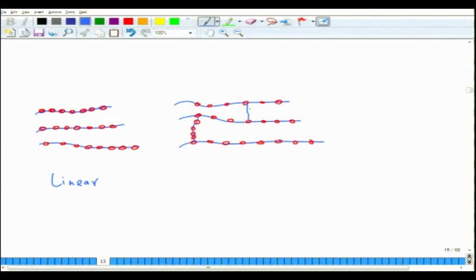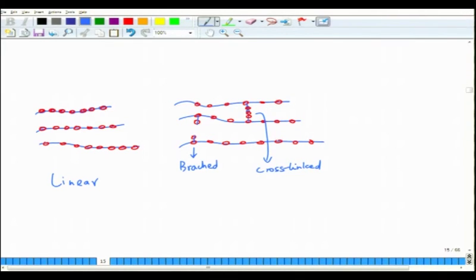Similarly, you can have this linker. These could be complete linkages, these could be broken linkages. So, for example, if it is broken here, let us say it is incomplete, it could be like this or like that. So, this would be branched and this would be cross linked.